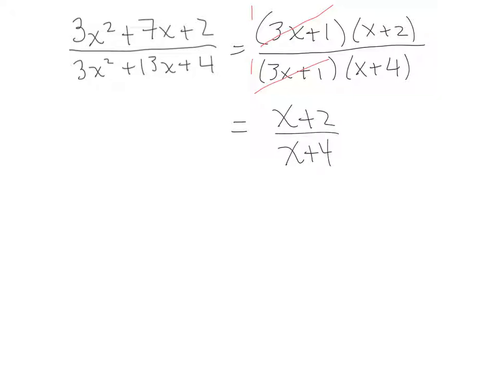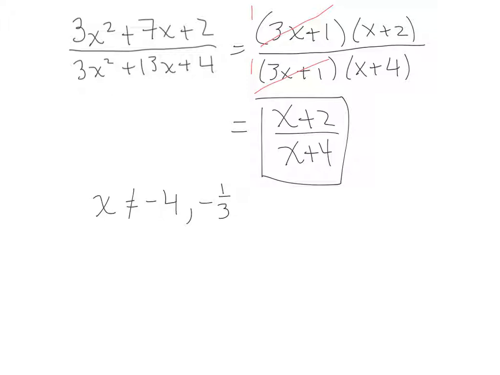Once again, this problem doesn't make any sense if x equals negative 4 or x equals negative 1/3. Those would be the disclaimers where the problem doesn't make sense. So you restrict it to all values of x where x does not equal negative 4 or negative 1/3. And once again, we have simplified a rational expression that looks much more complicated.